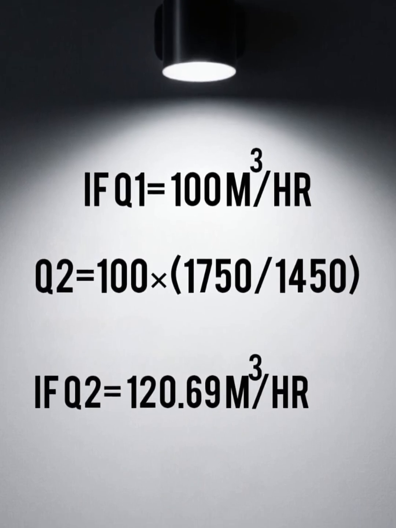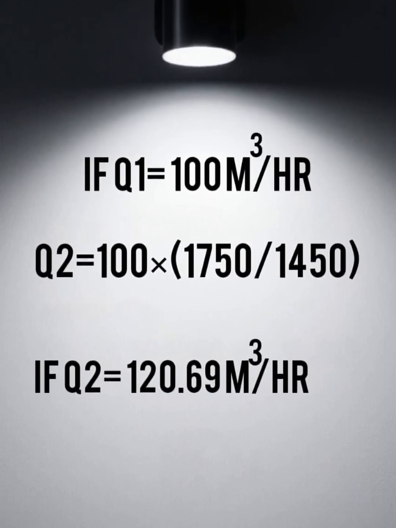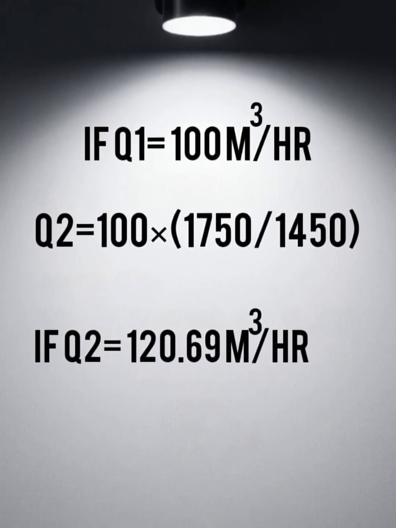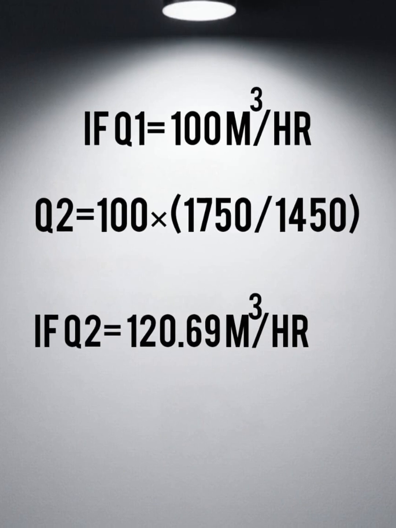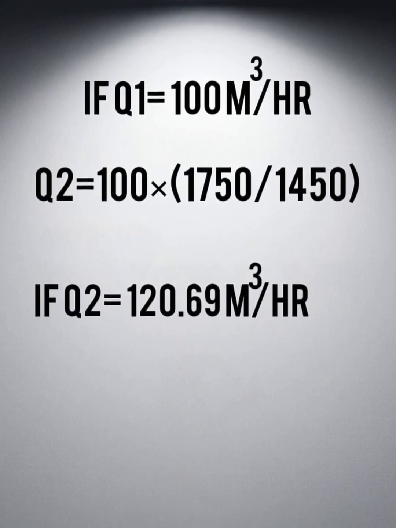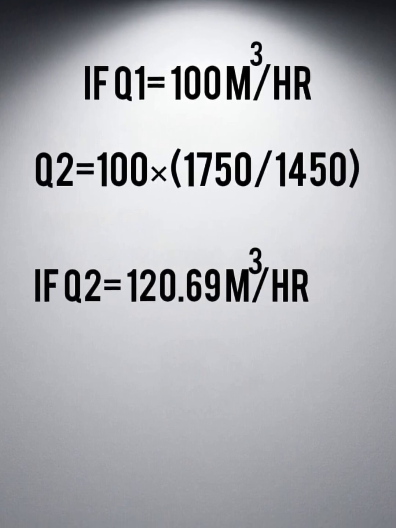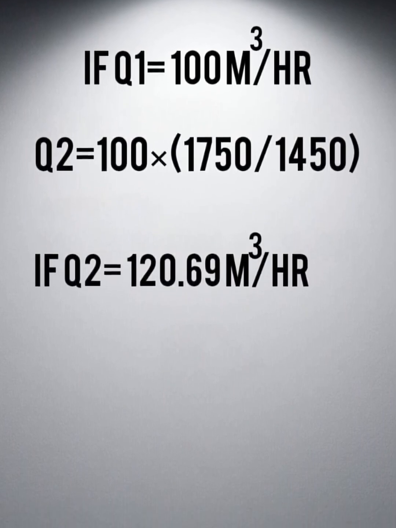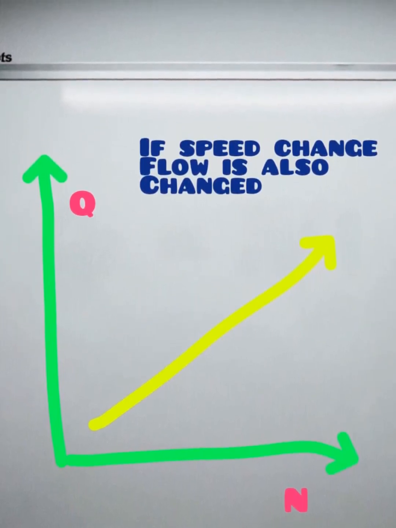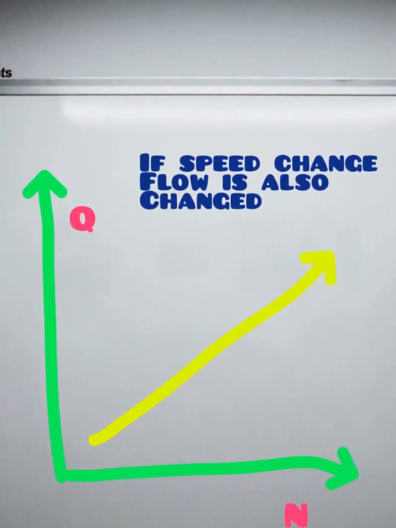Substituting values, Q2 equals 100 times 1,750 over 1,450, yielding approximately 120.69 cubic meters per hour. This calculation demonstrates the direct proportional impact of speed on fluid flow.